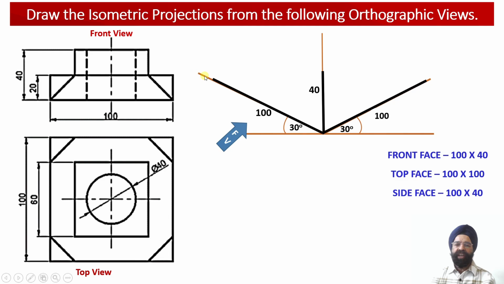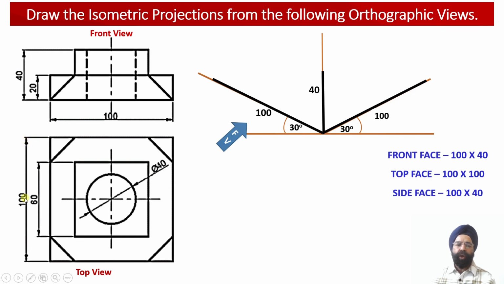over here. So here we have got the isometric x-axis, alongside which we are going to represent the length of the object. Here we have got the isometric y-axis, alongside which we are going to represent the height of the object. Similarly, as we observe this object from the top view projection, the length of the object happens to be 100 millimeter.